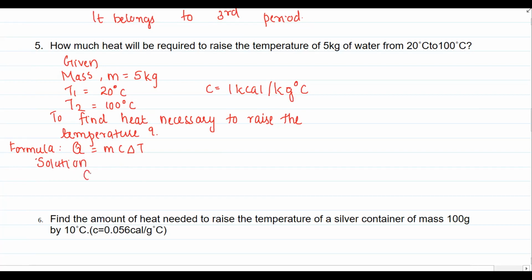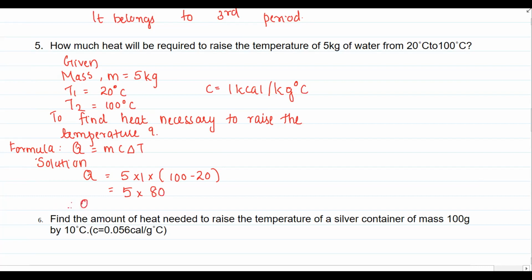Q is equal to, M is given 5, C is 1, delta T means difference in temperature, that is higher temperature minus lower temperature. That is 5 into 100 minus 20 is 80. Now 8 5s are 40.